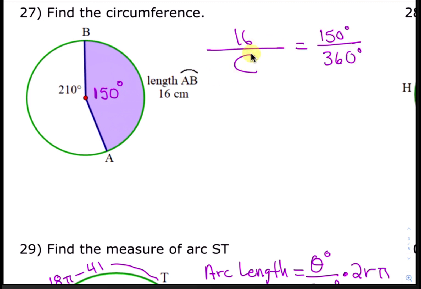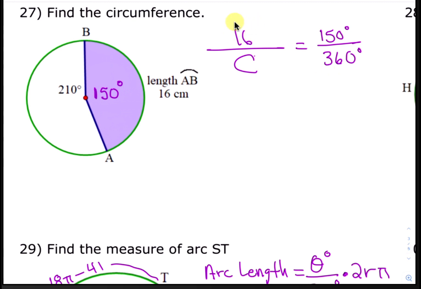Now we can use a ratio. We know that the arc length of AB is 16, and that ratio, that number 16 divided by the entire circumference of the circle, should be equal to the same ratio as the degree measure out of 360.